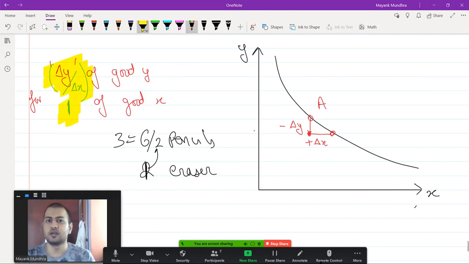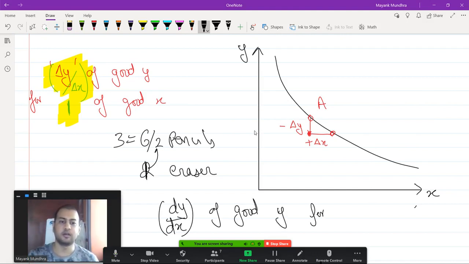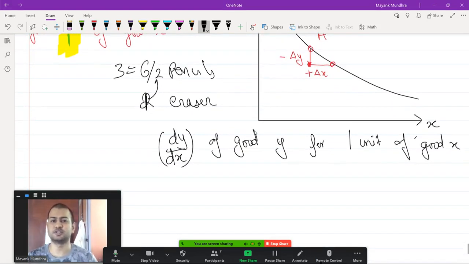So you are willing to exchange delta Y upon delta X amount of good Y for 1 unit of good X. Now when the quantities are very small, the rate of exchange becomes dy by dx of good Y for 1 unit of good X. This becomes the rate of exchange.